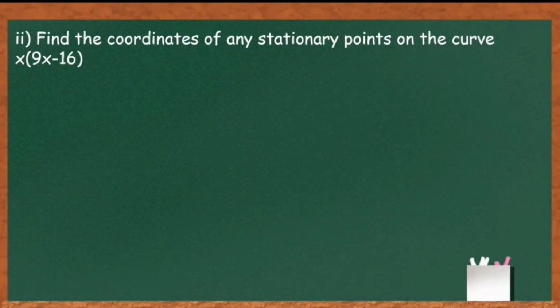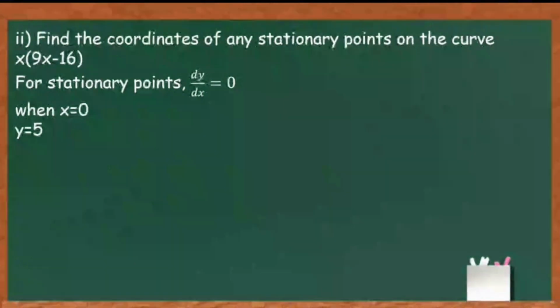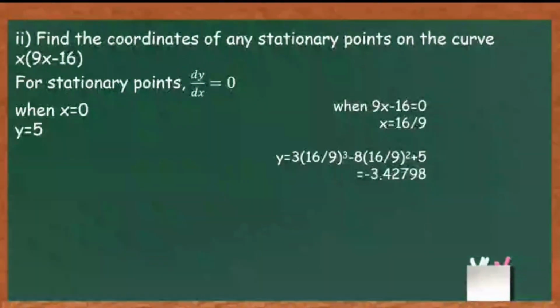Then we know that for a stationary point, dy dx equals 0. So we substitute x equals 0 into y equals 3x cubed minus 8x squared plus 5, and we get y equals 5. Then, when 9x minus 16 equals 0, x equals 16 over 9.